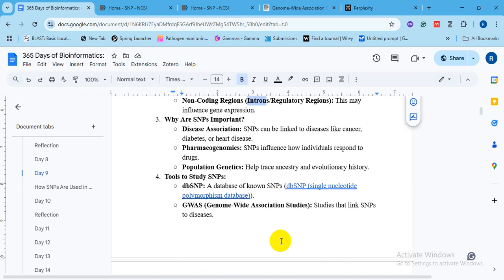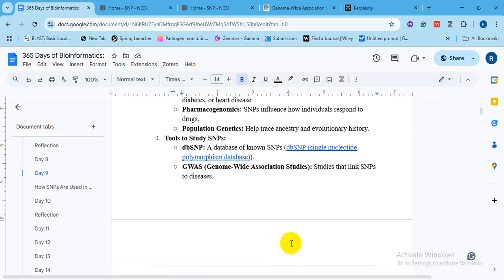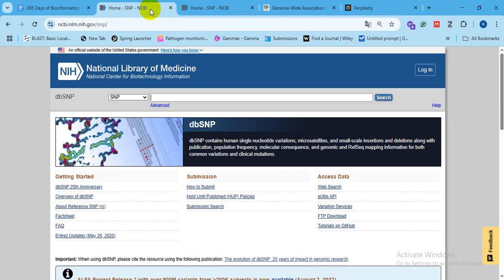What are the tools that are present to study SNPs? Number one, databases. There is a database for single nucleotide polymorphism. I take the name of this database, and this is the database that belongs to the National Library.